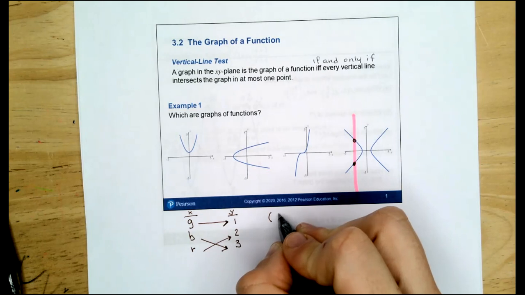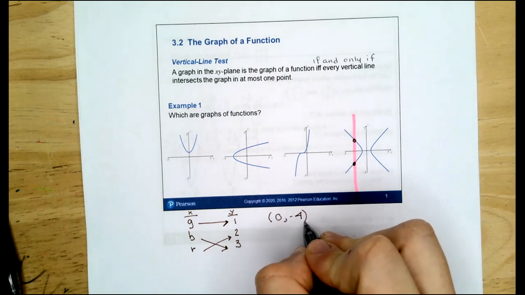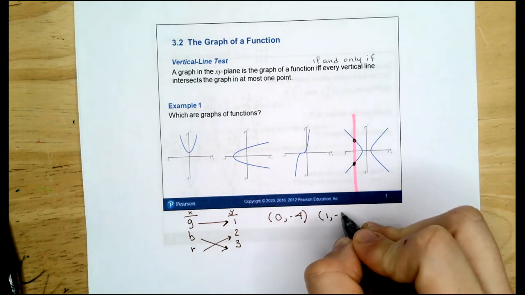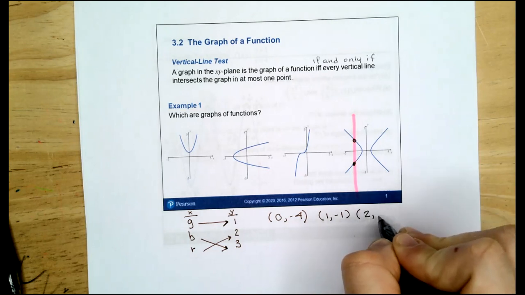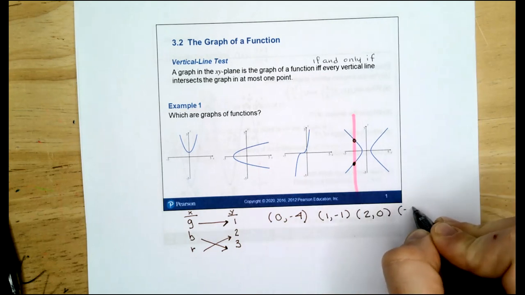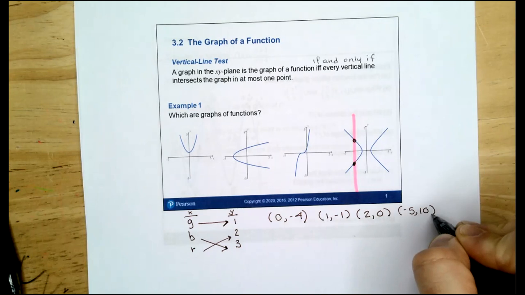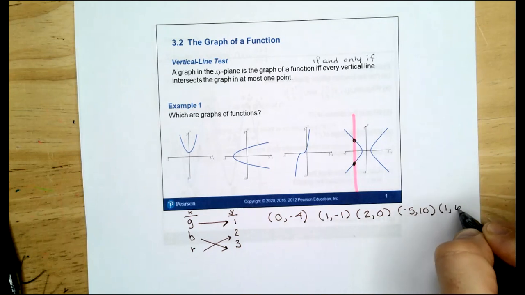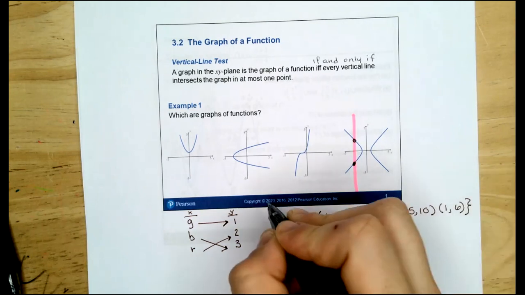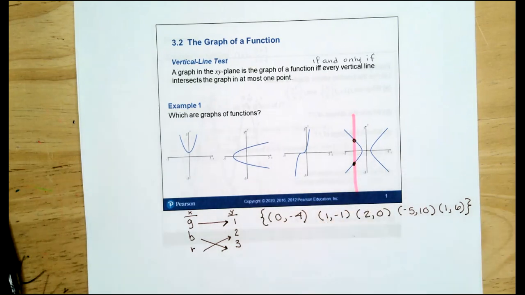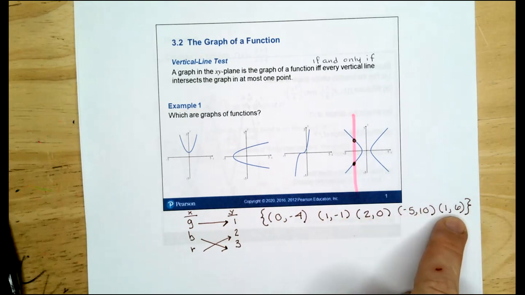Or if you have coordinate points, if that's a set, is this a function? You're going to look: every time I put in 0, I get -4. There's no other 0 that's going to give me a different answer.